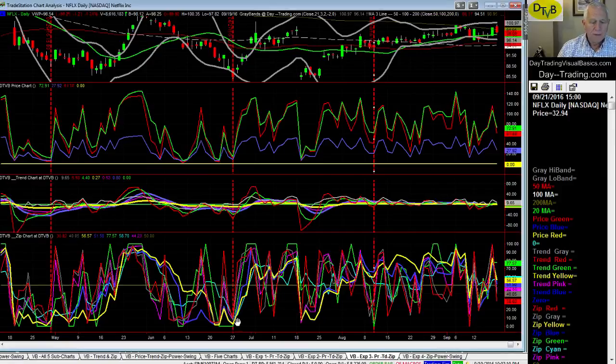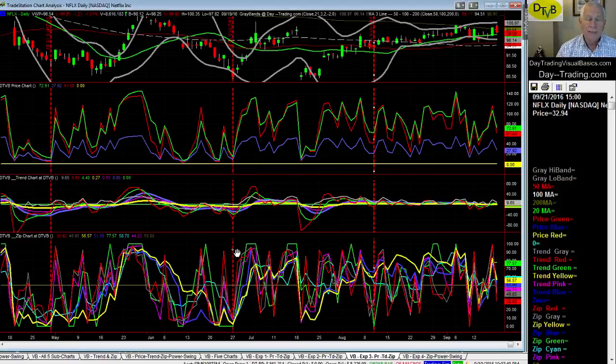In this example, the zip pink is not lowest, but if you're not aware, a low angle down in any of your indicators is indicative of a next day up price movement. And so, especially when we see a zip pink, which is a price barometer, then we are pretty certain that it's going to go up the next day.